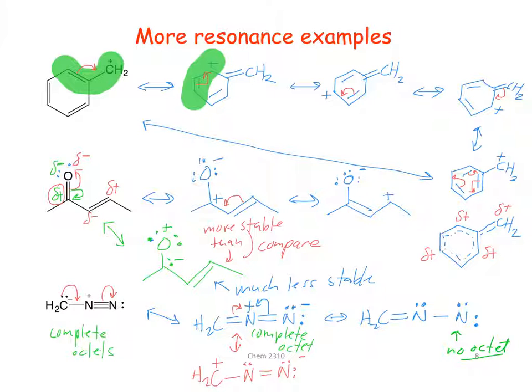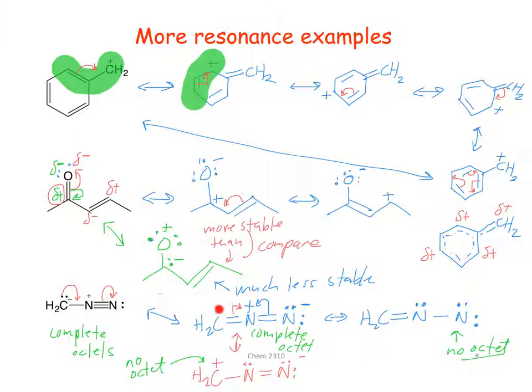Alright, what about this bottom one down here? Okay, the bottom one has octets on both nitrogens, but this carbon only has 3 bonds on it. No octet. Alright, so the two that have no octets are going to be less stable than the two that have complete octets. So let's compare these two, this one and this one.